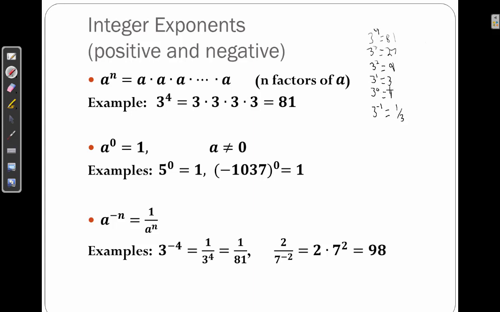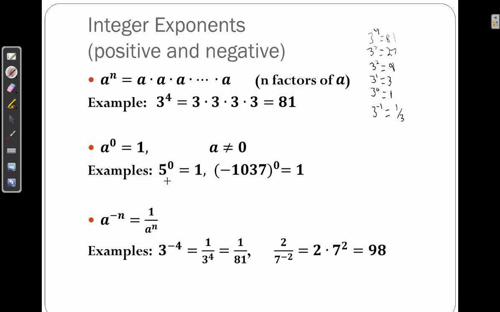Oh, by the way, before we really move on that much from the 0 exponents, I just want to point out here, any number raised to the 0 power is going to be 1. If you think about anything raised to the first power, even 1037 or 5096, to the first power is just the number, and if you divide by the number to get to the 0th power, you're just going to get 1. 5096 divided by 5096 is just 1.